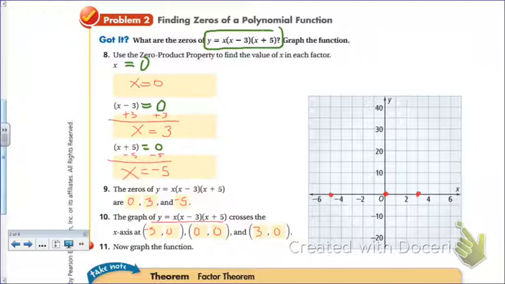Well, what do we know about this? If I multiplied that all together, my first term would be y equals x cubed. So I know it's going to be positive. That means it's going to go from down on the left to up on the right. And then I'm going to have 2 turning points.